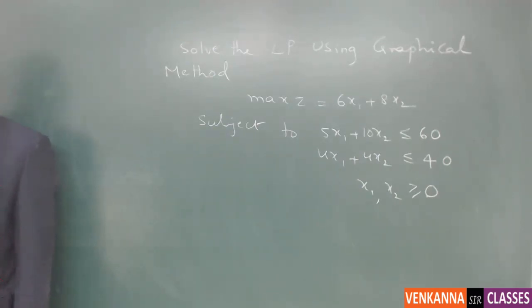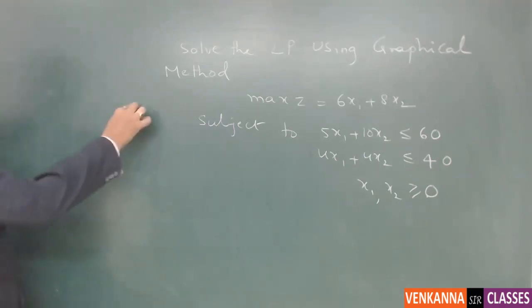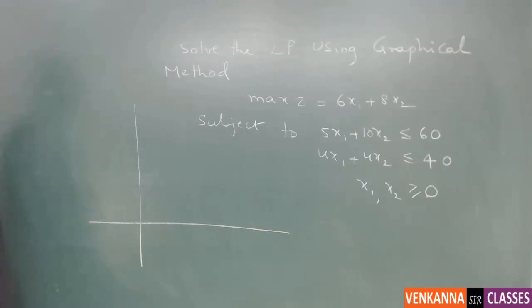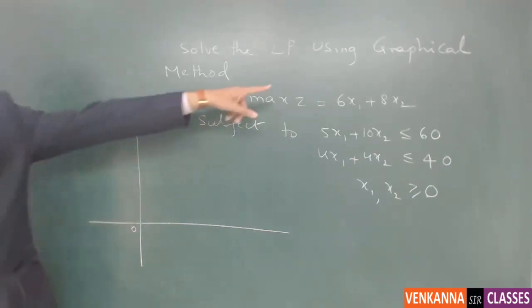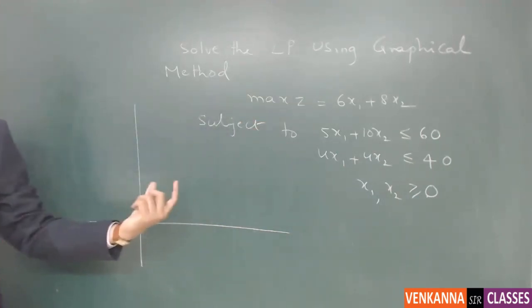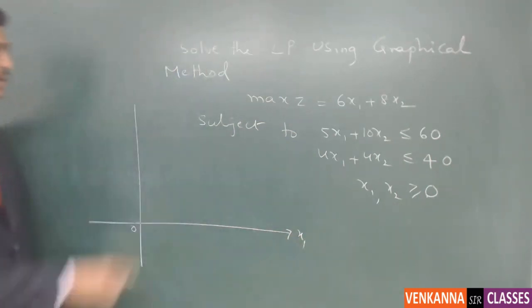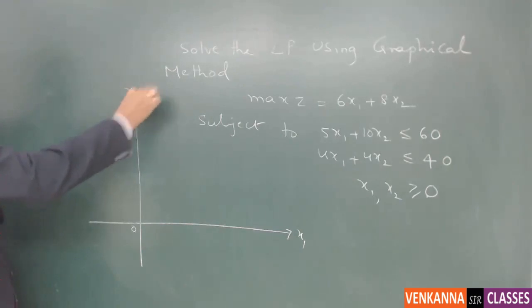Right. So now let us draw the graph. Usually the graph contains x-axis and y-axis and origin. So here, depending upon the decision variables, we give the name. So x-axis we take it as x1 and y-axis we take it as x2.